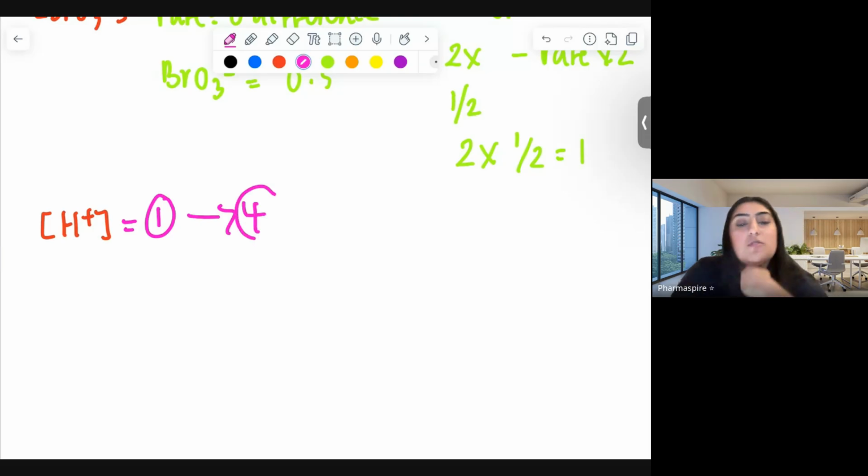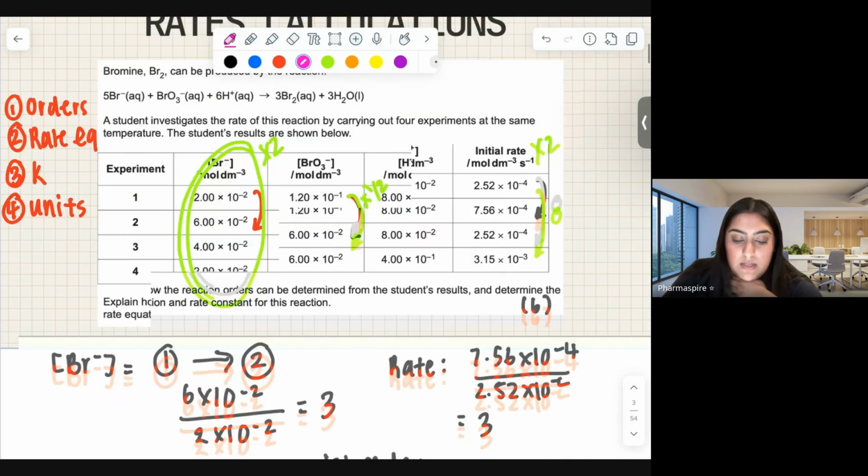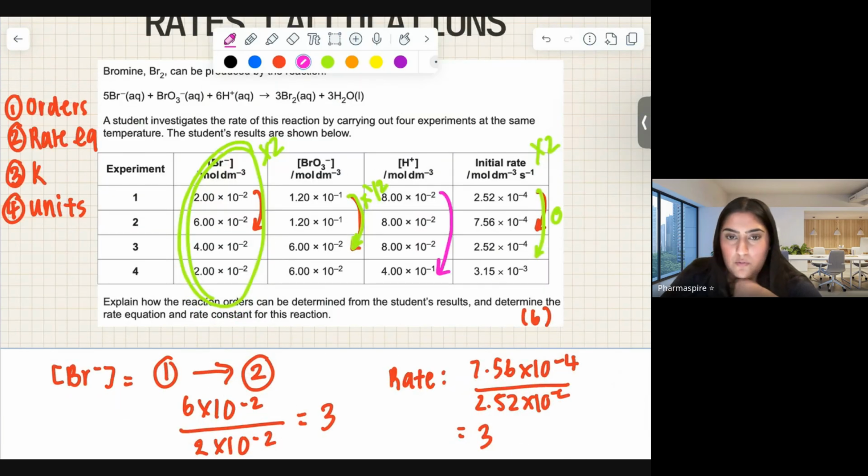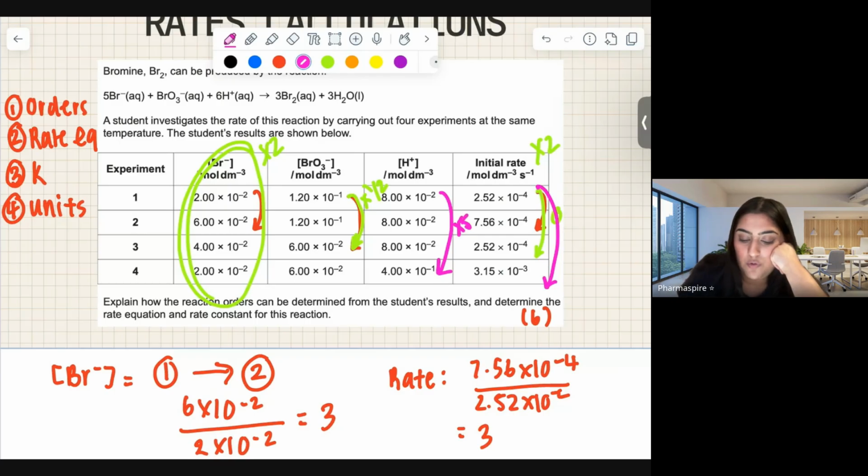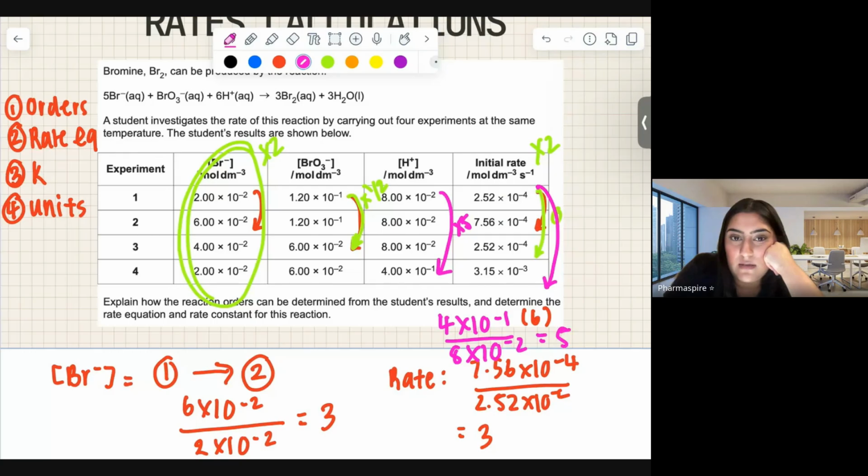Okay, so what I want you guys to do with me is give me the difference between 1 and 4. Okay, and then what's the difference for the rate as well? Exactly, it's times by 5, because remember, you've got to do 4 times 10 to the power minus 1 divided by 8 times 10 to the power minus 2, you should get 5. Perfect, okay.